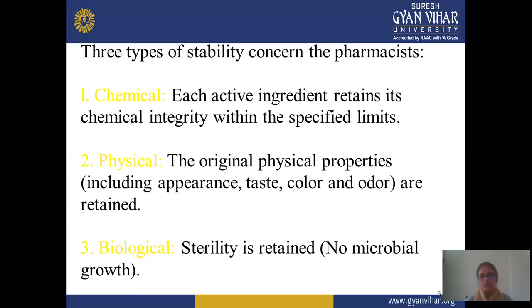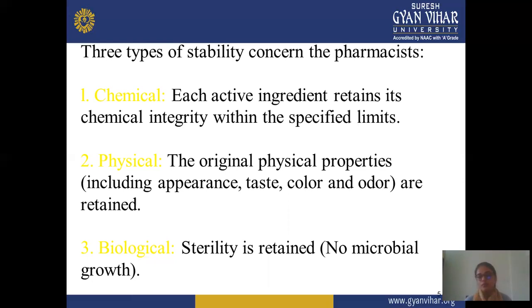Next, in physical stability, the original physical properties including appearance, taste, color, and odor are retained the same. Means after or during formulating, it does not change its appearance, taste, color, and odor. Suppose you formulate a transparent formulation, but during storage after 1 month or up to 1 year, it changes its color and converts into orange or red or any other color.